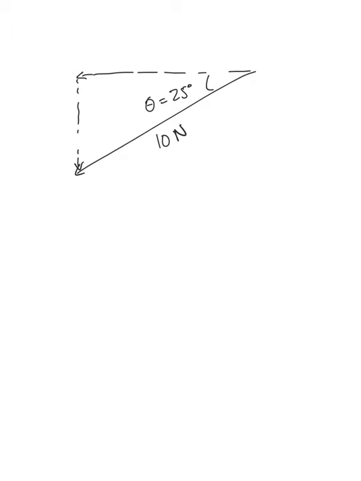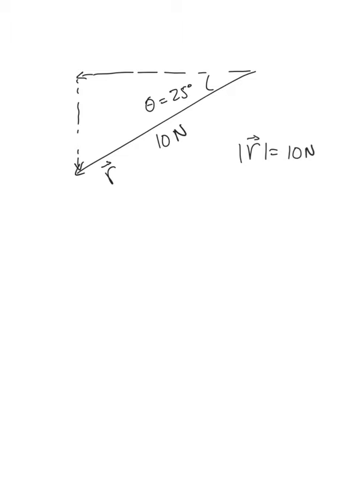So I'll call this vector r vector again, and let's say that we would like to write r vector in terms of magnitude times r hat. I already know that the magnitude of my r vector is 10 newtons.